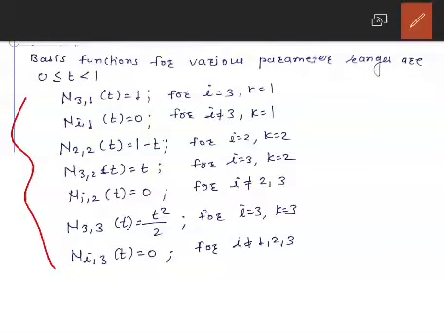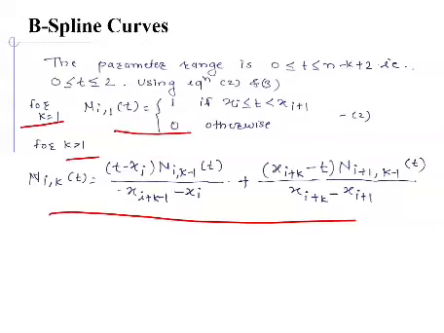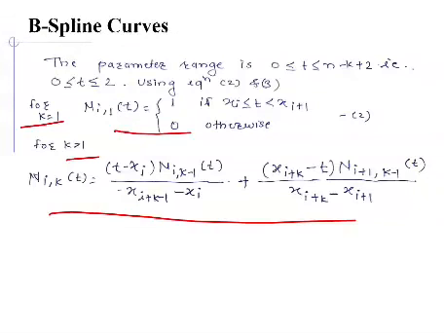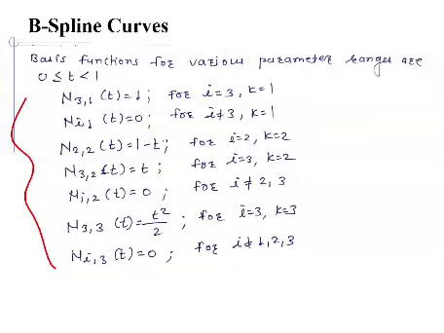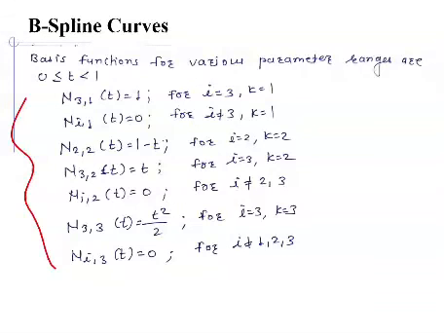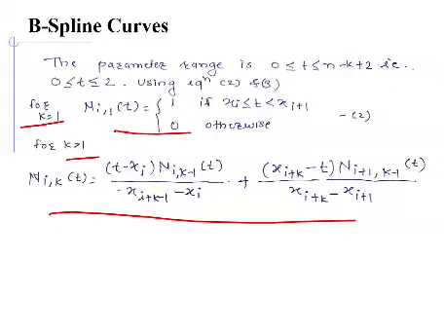Now these values are calculated here by using these two equations. These values are calculated for n, i, k. If k is equal to 1, it is either 1 or 0. If k is greater than 1, then we need to use the third equation. And according to that, these values are calculated for this parameter range. Now, how is this parameter range calculated?